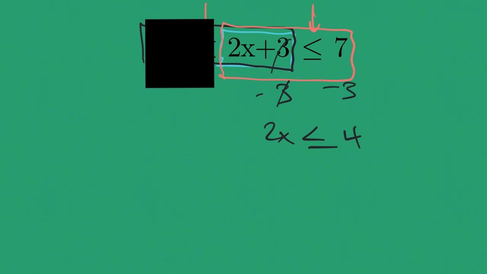Then divide by 2. Now, remember, we multiply or divide with a negative anytime we flip the inequality. We are dividing with a positive number here. The inequality will stay the same. So x is less than or equal to 2.